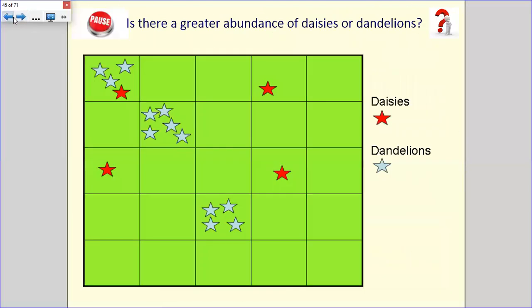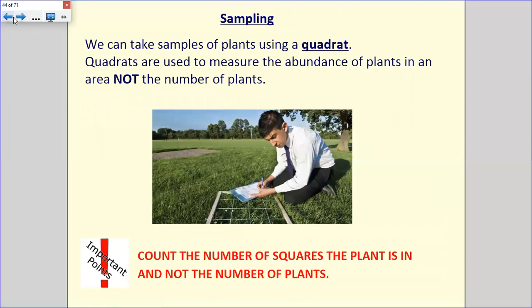So, first of all, sampling plants. You'll have come across this high-tech piece of equipment before, a quadrat. A quadrat is basically a big square with 25 small squares within it.